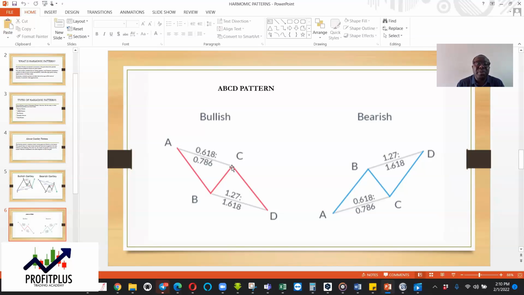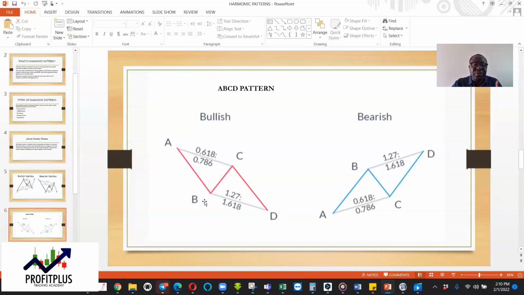So when price moves from A to B, it should retrace to C between 61.8% and 78.6%. You have to be sure these Fibonacci retracement levels conform before you can call it an ABCD pattern. So the first condition is that AB must be the same distance as CD.